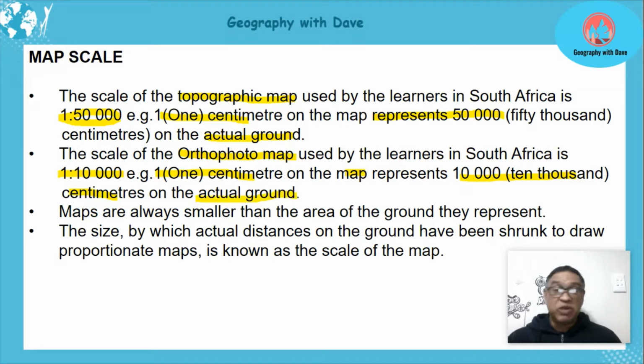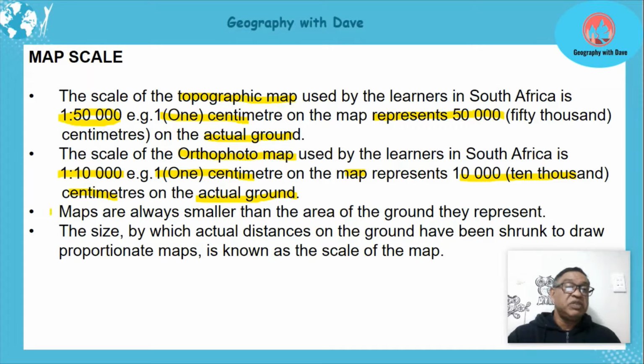That's what we will use when we're writing our final exams or any exams regarding grade 12, and you'll find your teachers will do that for you in grade 10 and grade 11. You understand? And if they want to expose you to topographic maps in grade 8 and 9, they would use these maps and scales.